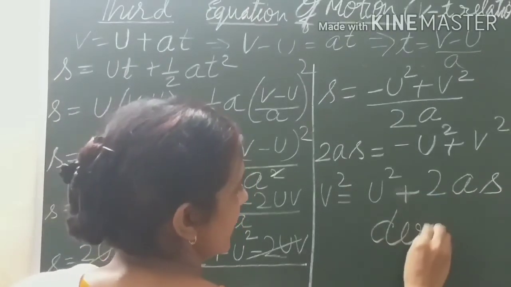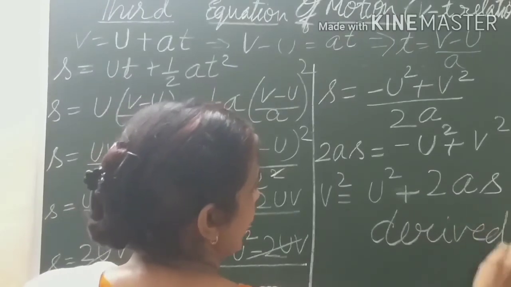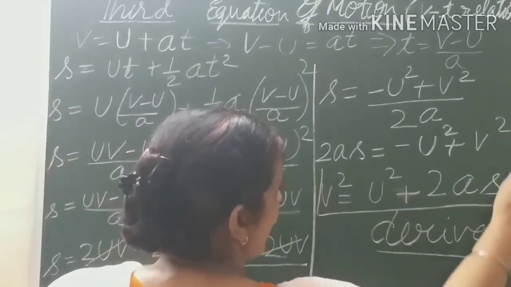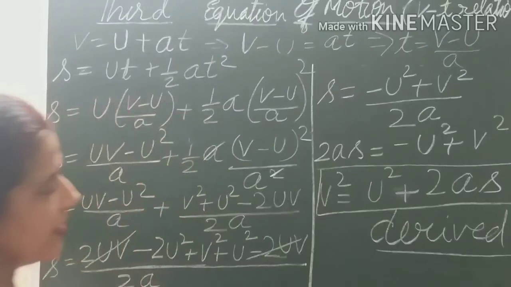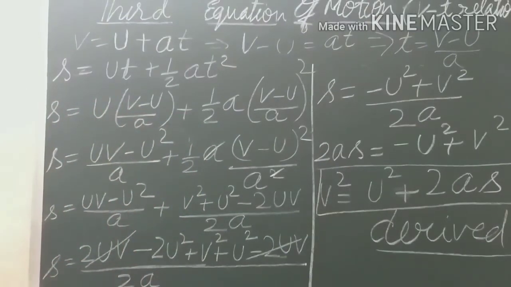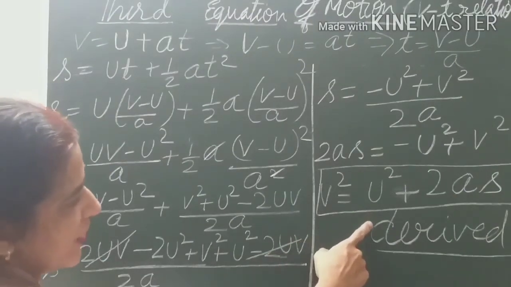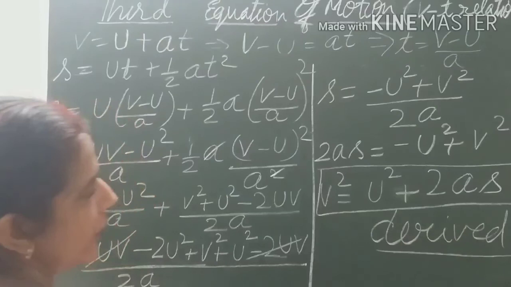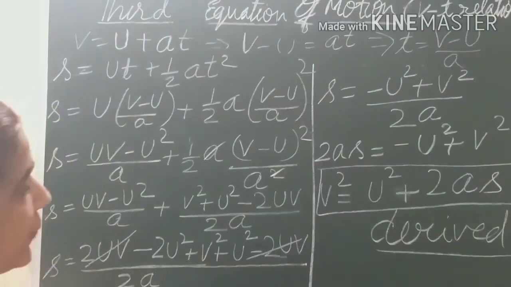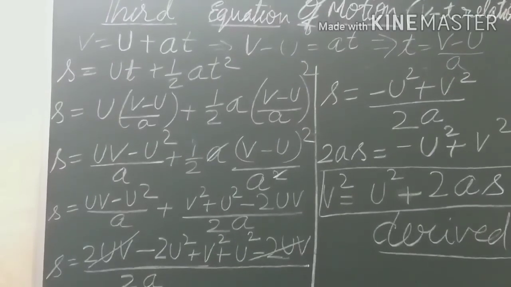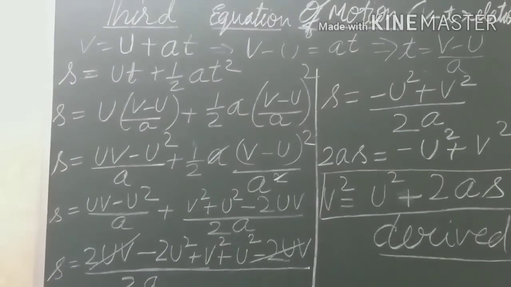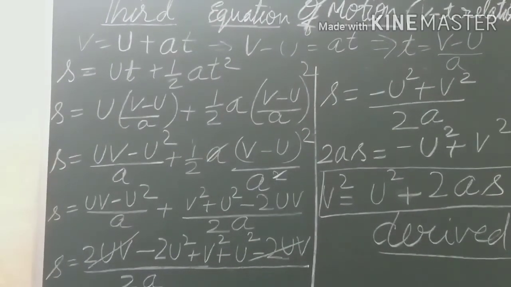So this is the way we can derive the third equation of motion, where v stands for final velocity, u stands for initial velocity, a for acceleration, and s is for distance traveled. This equation gives us the velocity acquired by a body in traveling a distance s.